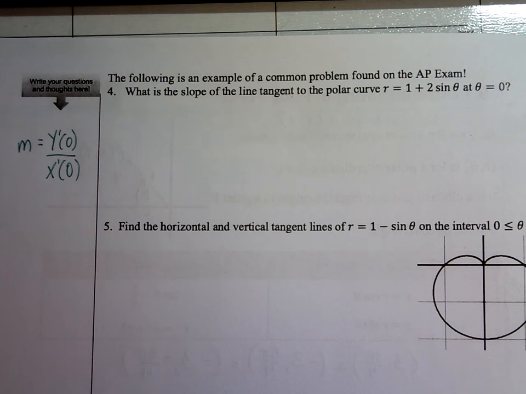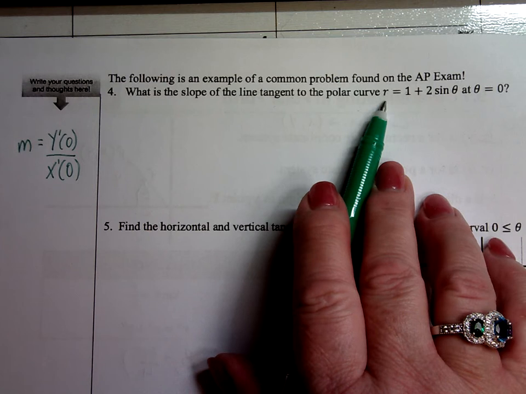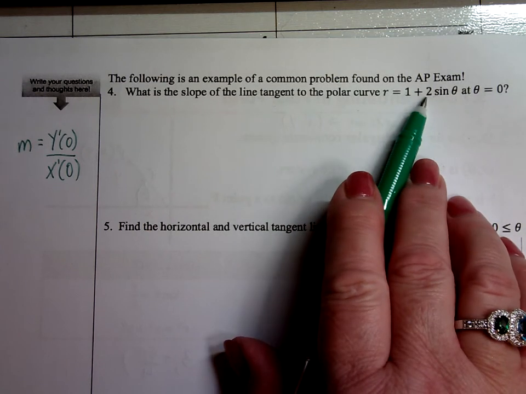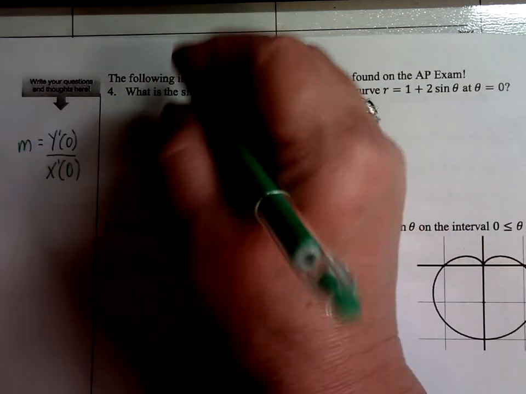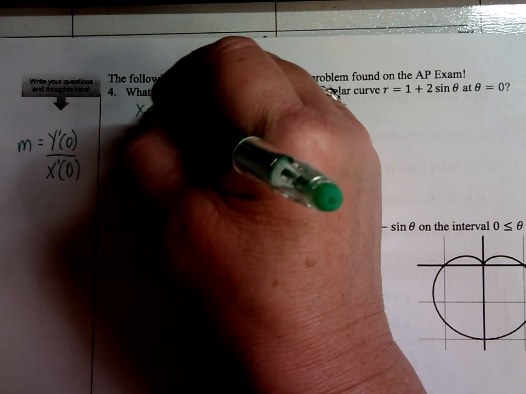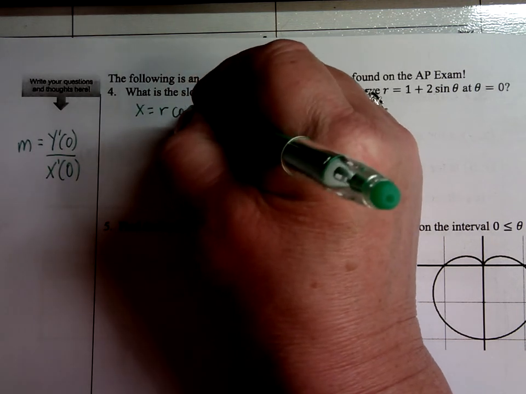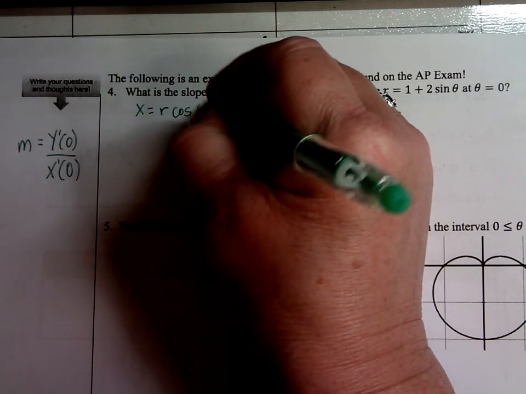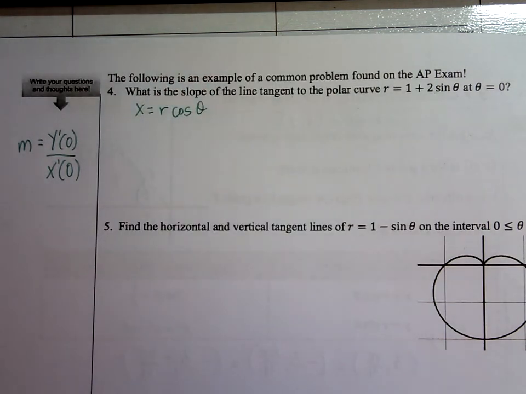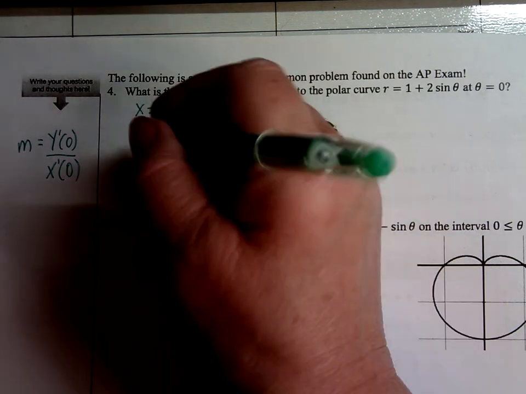All right, well, we have to talk about what x is and what y is in the process, and then we have to take the derivatives as well. So all I know right now is that I've got an r that represents this equation. All right, so here's what my x is going to be. Remember, x is r times the cosine of theta. We're starting out with that fact. Well, what do you know that r is?